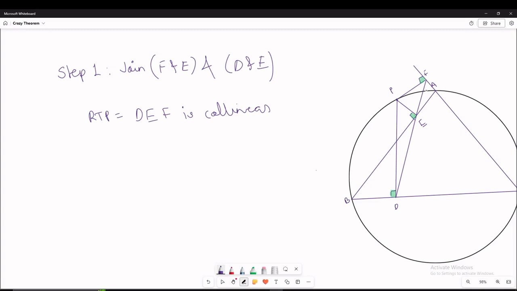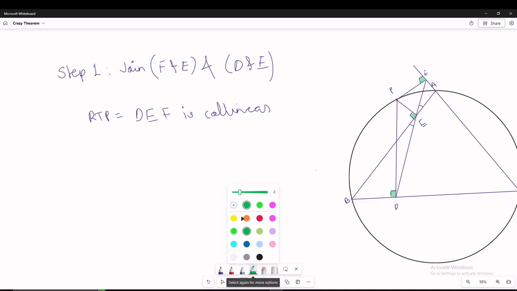But there is a slight variation that we can use, which is if we prove that these two angles are equal. Which two angles? These two angles, if we prove that they are equal, then we will also prove that DEF is a straight line.